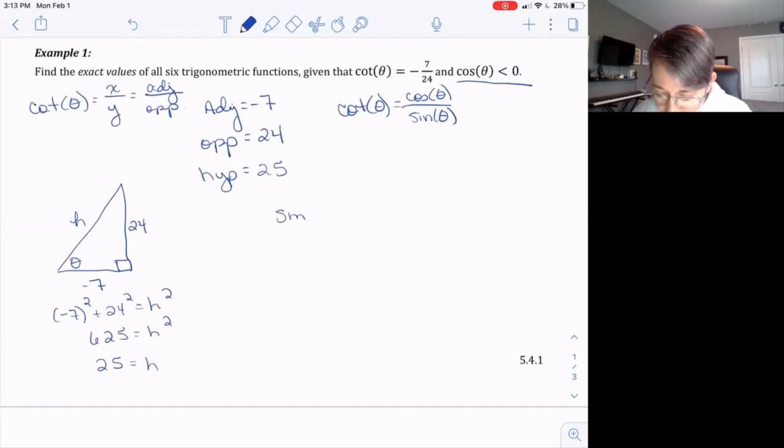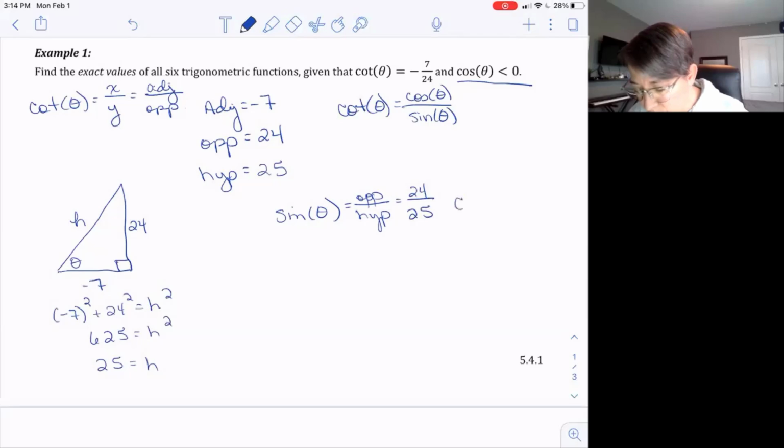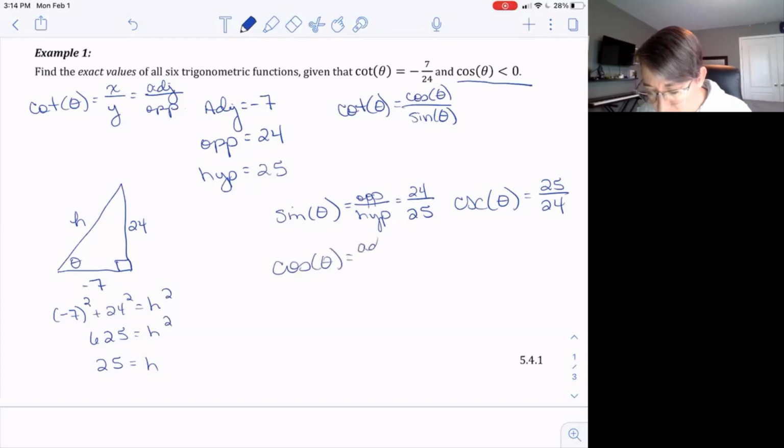We can do our sine of theta, which we know is opposite over hypotenuse. So that would give us 24 over 25. Its reciprocal function, cosecant of theta, would then be 25 over 24. Cosine of theta is the adjacent over hypotenuse, which would give us negative 7 over 25.